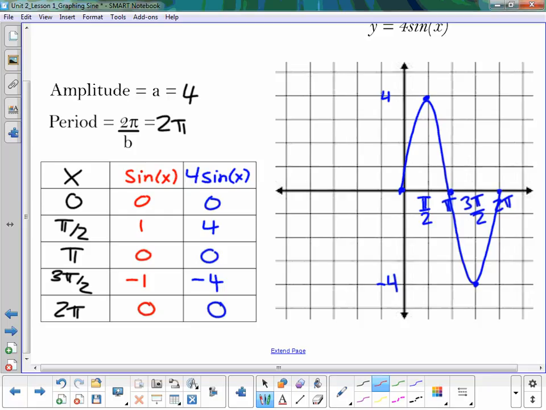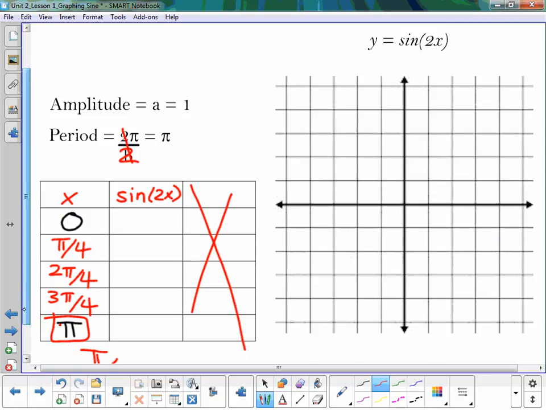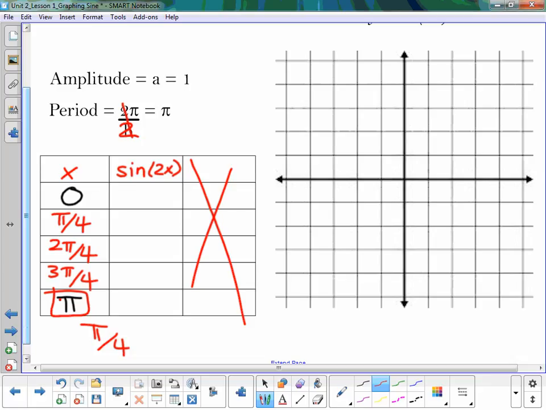So we want the same thing. Each of these is going to represent either an x-intercept or an inflection point where the graph turns. And then our y values stay the same.